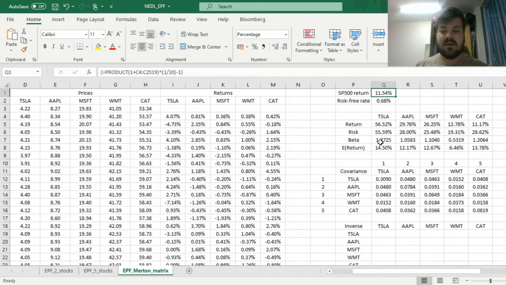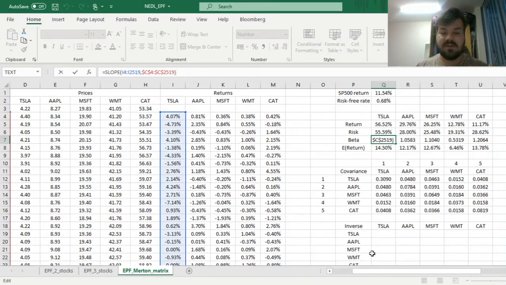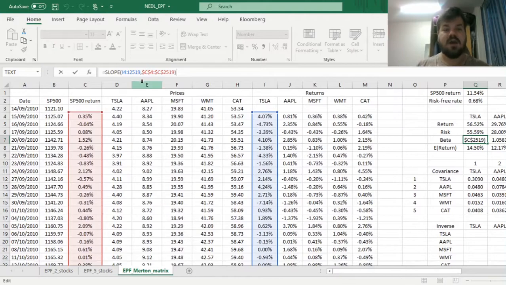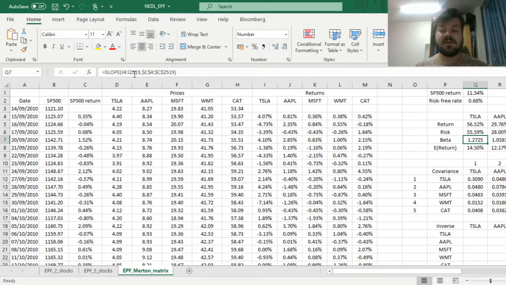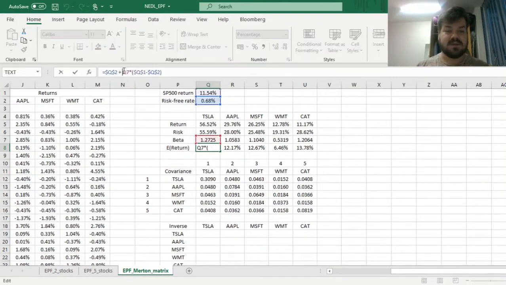We calculate our betas, which are just the slopes of a linear regression of stock returns onto daily market returns, and then we use the logic of CAPM, risk-free rate plus beta times market return minus risk-free rate, to calculate the CAPM expected returns for the 5 candidate stocks, the stocks from our investable universe.